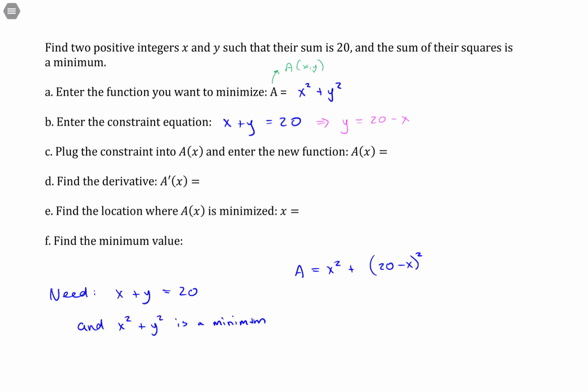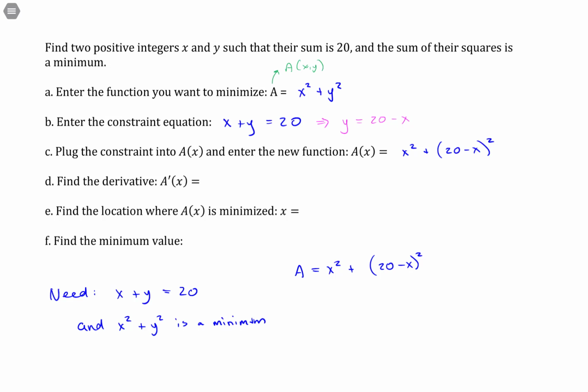So I've plugged in my constraint, and that is my new function. We can work with it, we can manipulate it, but that's a perfectly valid representation of the function that we want to minimize. Now it says to find the derivative.